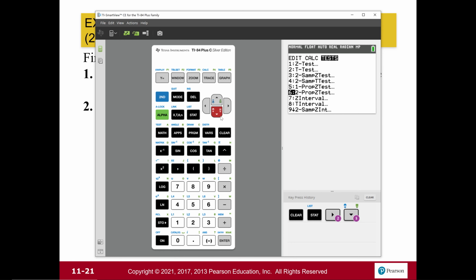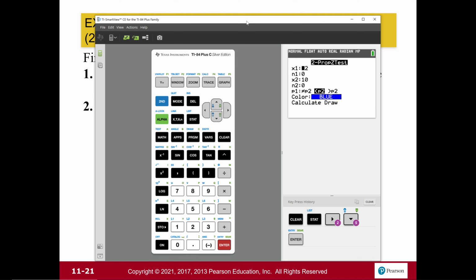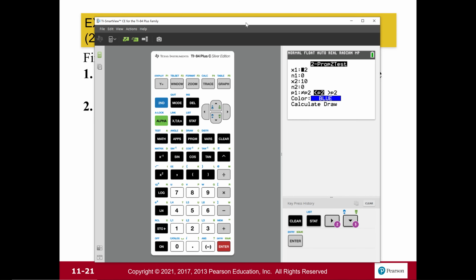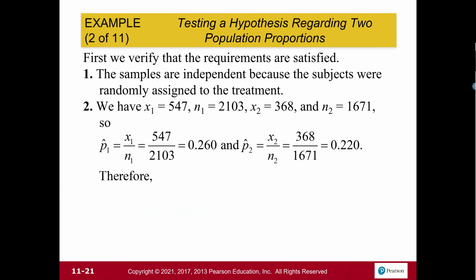This is number 6. x1, n1, x2, n2. That's what we're doing. Let's enter that in: x1, n1, x2, n2.